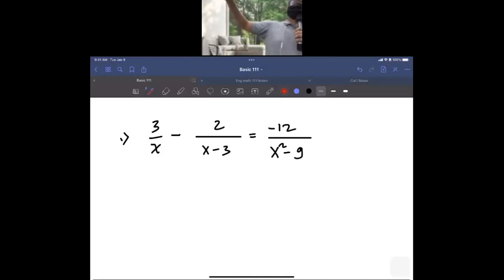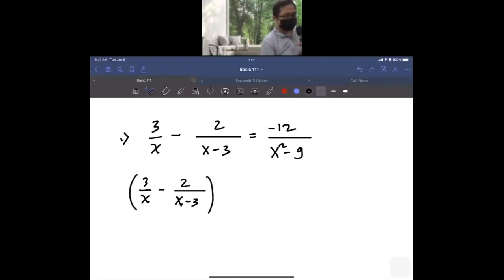So to remove this x squared minus 9, I think we can multiply both sides with x and x squared minus 9.